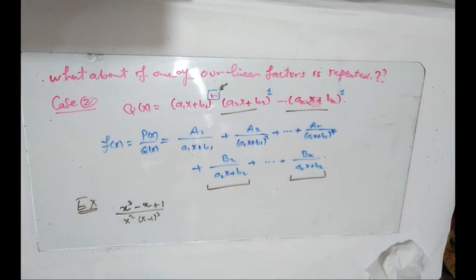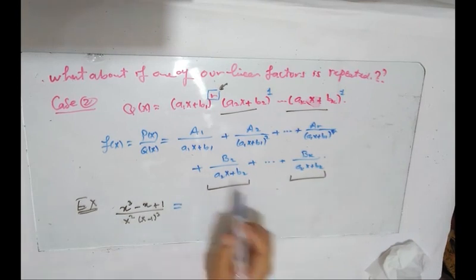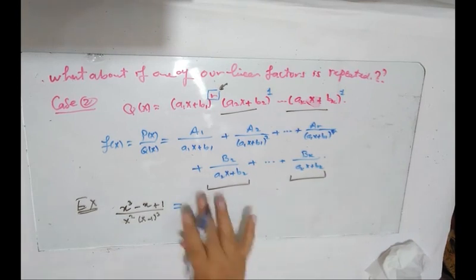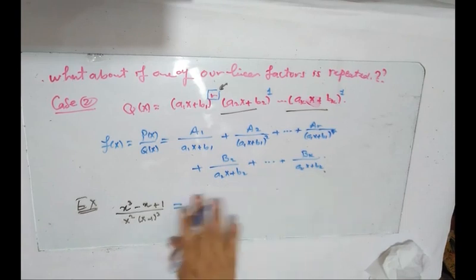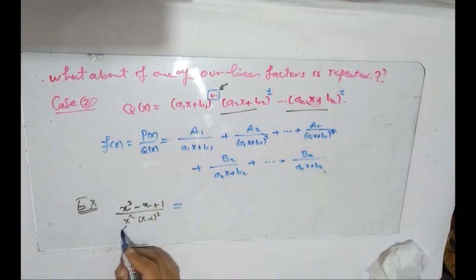So the first condition is satisfied, which is the degree of the numerator is 3 and the degree of the denominator is 5, because this will be x cubed times x squared. To get the partial fraction decomposition, here this x is a linear factor which is repeated, and here it's like x minus 1 times x minus 1 times x minus 1.